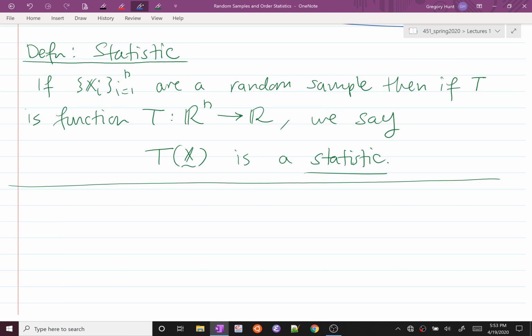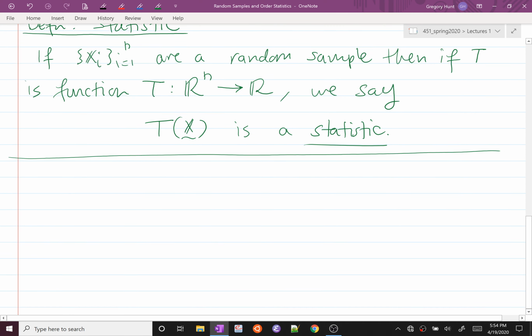We call that a statistic. And if I have n random variables, we summarize that into a single univariate random variable, t of x, and that is called a statistic.